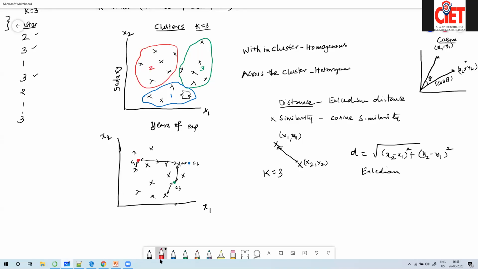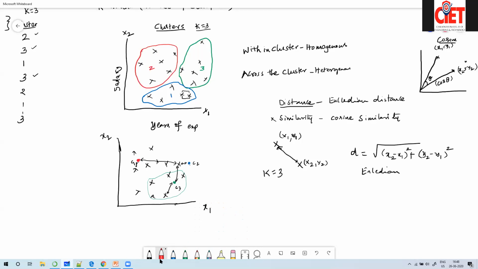Now let's say we assign each of these observations based on how near they are to different centroids. For this one, the nearest ones could be all of these over here. So these are the ones that are nearest to the green centroid.